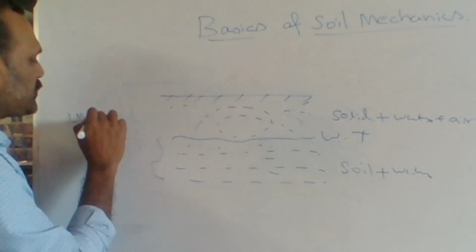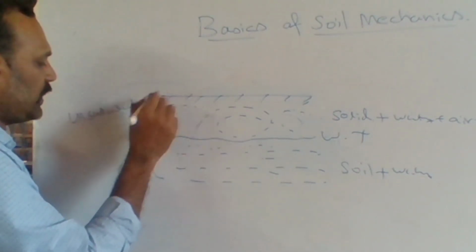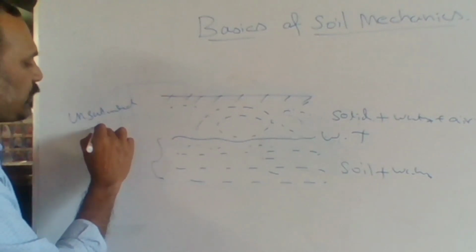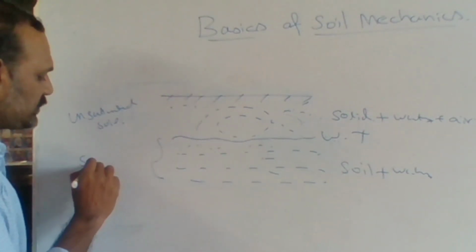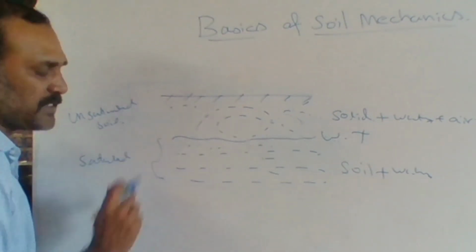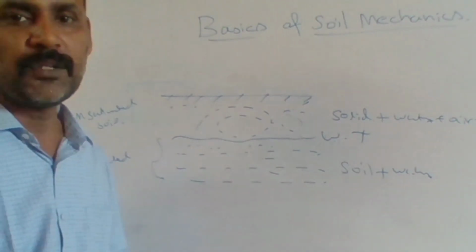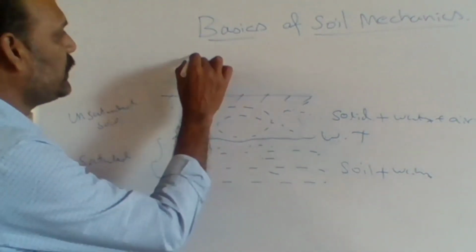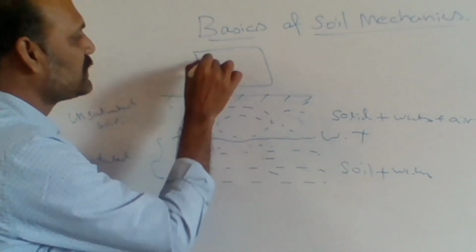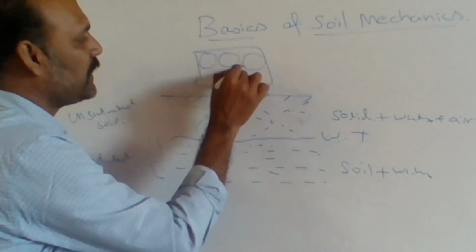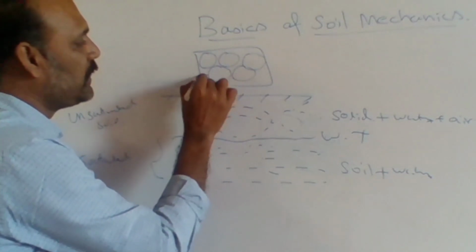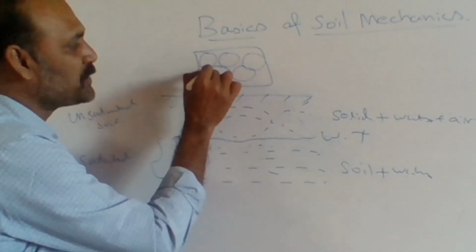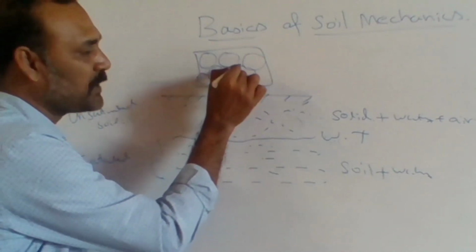So we have unsaturated soil and saturated soil. Saturation is this: if you take a particular soil, these are the soil grains, and in between the grains some gaps are there.